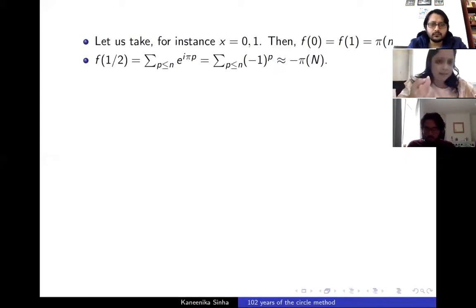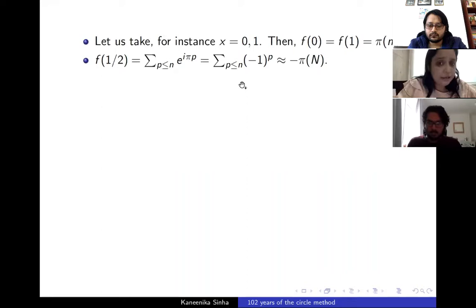Now let us complicate it a little bit. Let's take f of a half. Now you have the sum over p less than or equal to n of e raised to the 2 pi i p over 2, which is e to the i times pi p. We all know that e raised to the i pi is just minus 1. So we have the summation of minus 1 raised to the p as p runs over all the primes up to n.